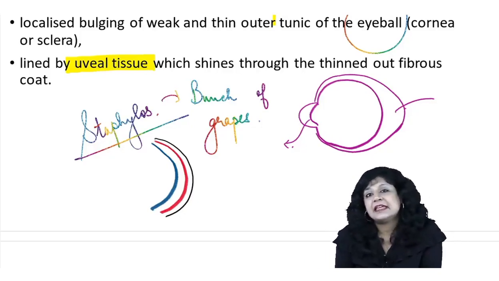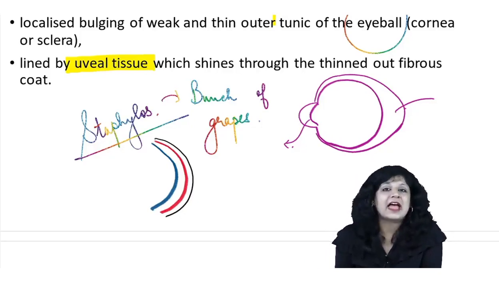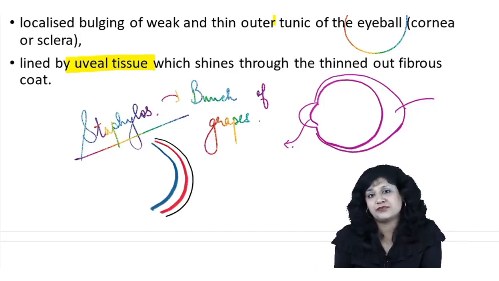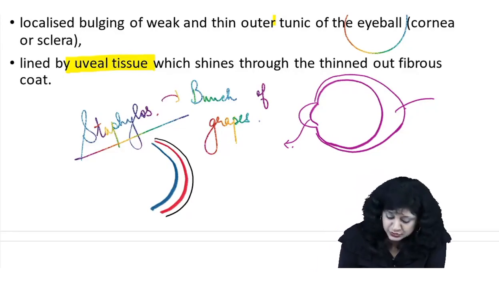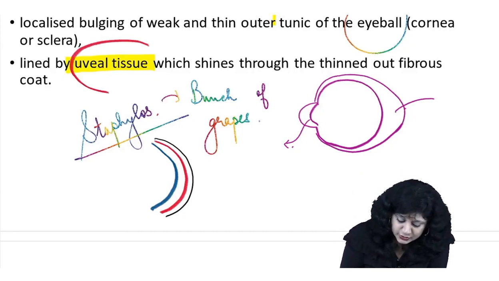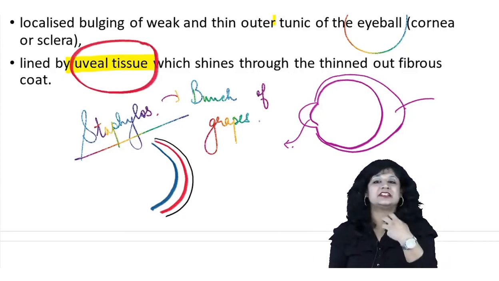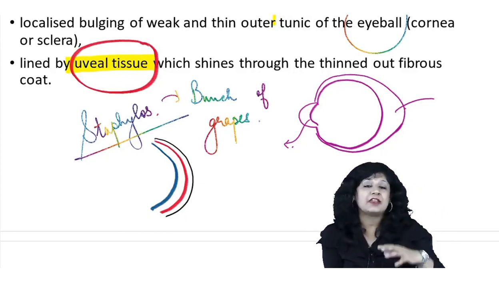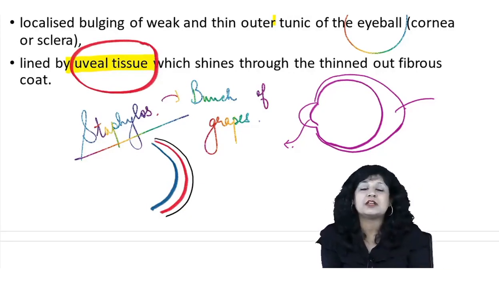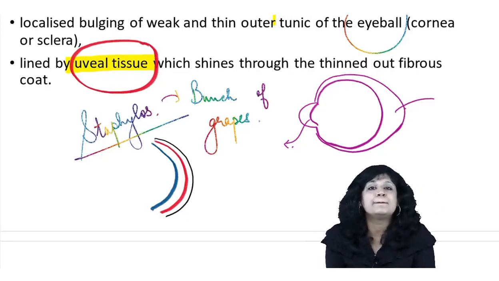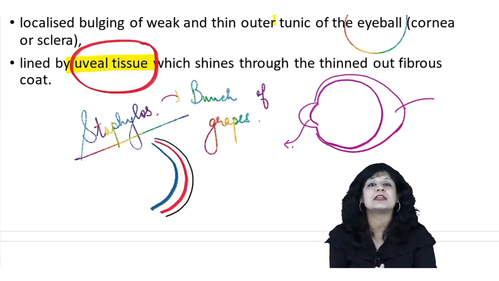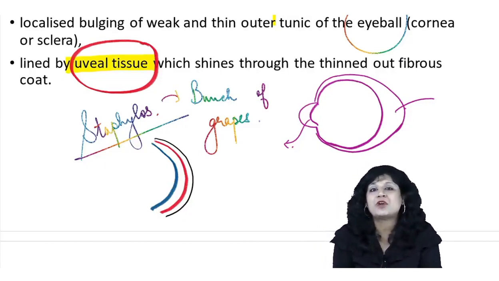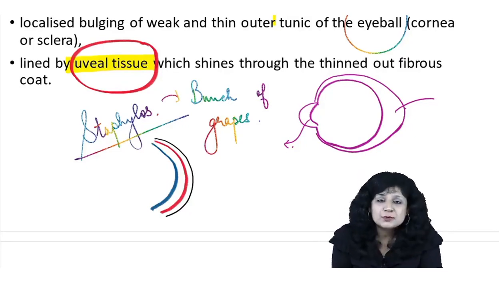So if there is thinning and ectasia of this fibrous coat of the eyeball, the uveal tissue lining it starts shining through, and that is why when we have so much thinning of the sclera, we get the blue sclera. We will be talking about that also, why blue sclera is obtained, where we get it, and why it occurs.